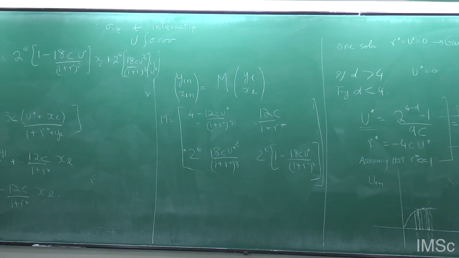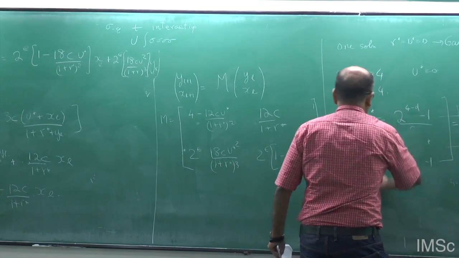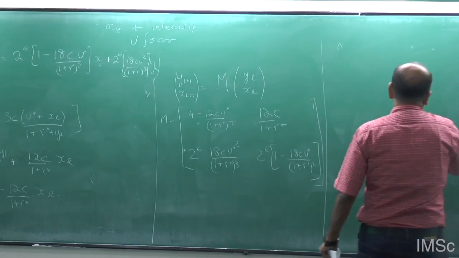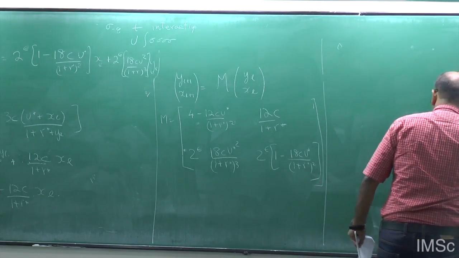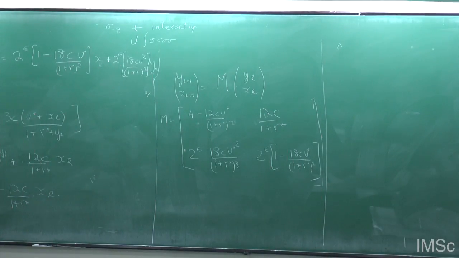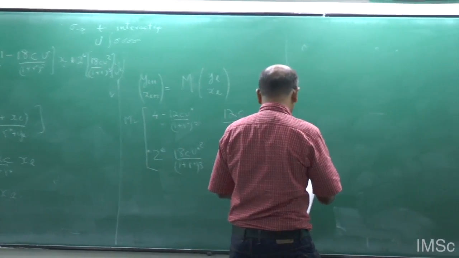Now this matrix has two eigenvalues, and it turns out that the eigenvectors are different because it's not symmetric. The eigenvectors on the right are different from the eigenvectors on the left. So we'll use that.